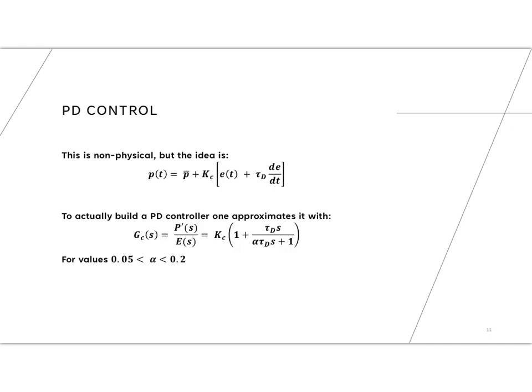And we could combine that with others. So say combining it with just the proportional control. We end up with this. Now the problem is that when I do the transfer function, you end up with this expression here, Kc times 1 plus tau ds. And that is unfortunately non-physical.